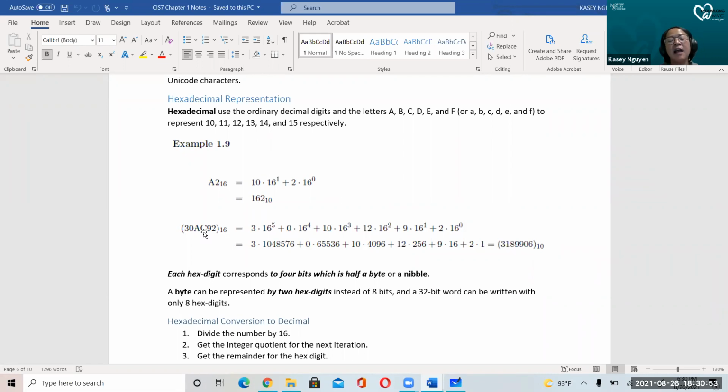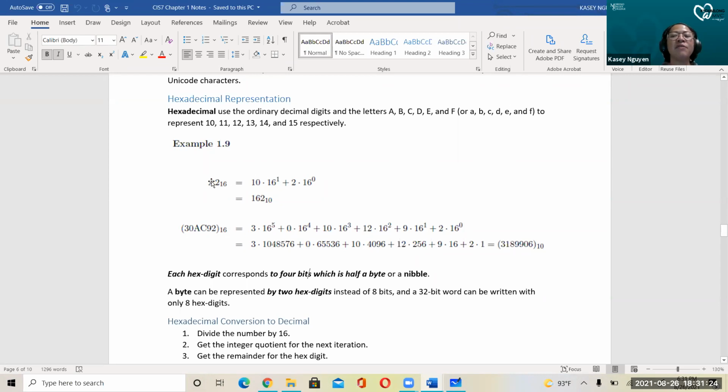An important thing that I want to point out is each hex digit is going to be equal to 4 bits. So when you take a look at the first example, A2 in hexadecimal, that's going to be a byte because the 2 takes up 4 bits and the A takes up another 4 bits.